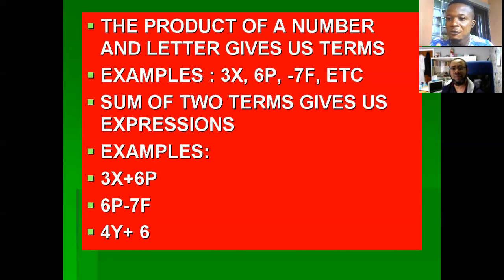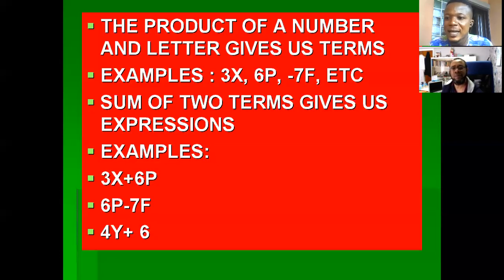If I have 4 to the power of 0, it's equivalent to 1. Therefore, the letter here has a power of 0, which is unseen, unrevealed. This is just like saying 6x to the power of 0, where x to the power of 0 is 1, and when 1 multiplies 6, you still get 6.